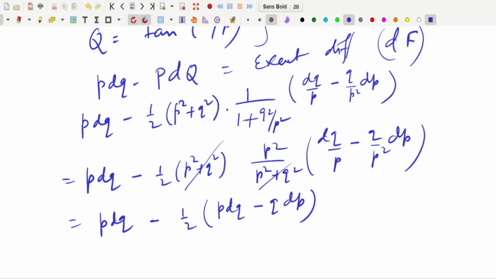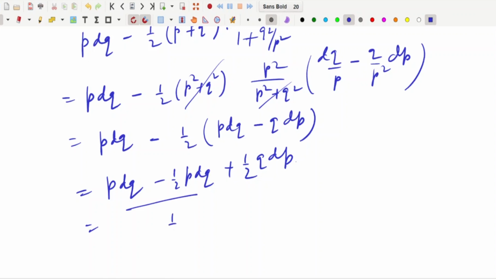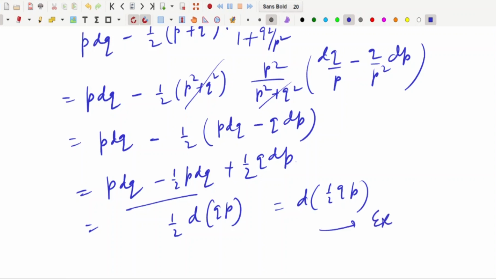So we will have p dq minus half p dq plus half q dp. If we combine these two, it will be half d of qp. So d of half qp. So it is an exact differentiation.